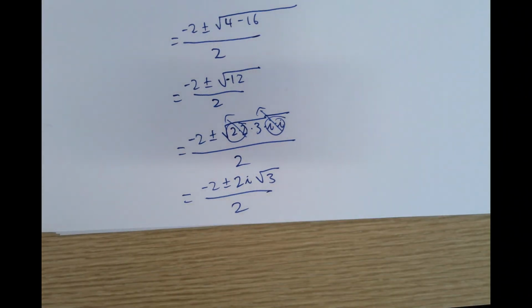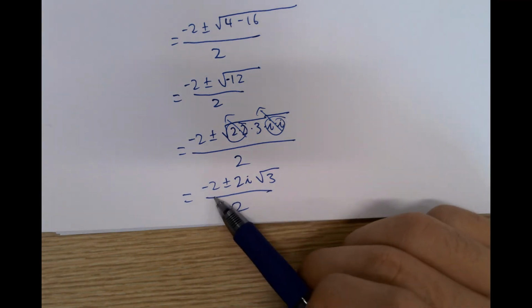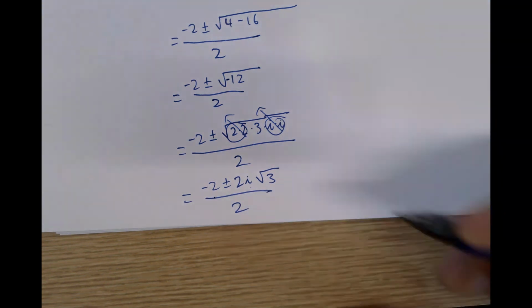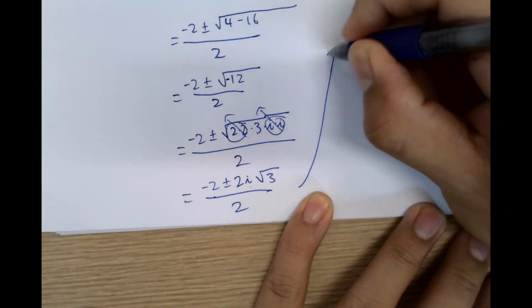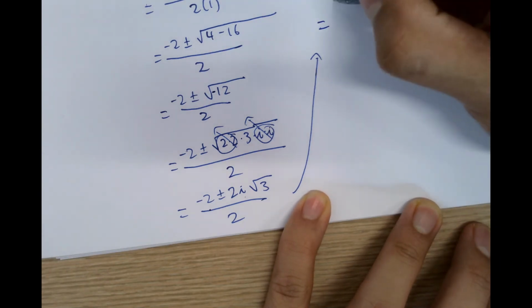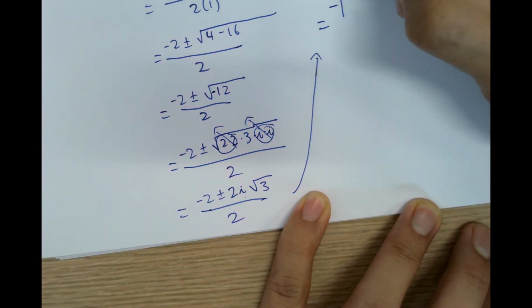Okay, so we're almost done. The last thing we have here is that negative 2 and 2i are both divisible by 2, so we can change this. This would be equal to negative 1 plus or minus i times the square root of 3.